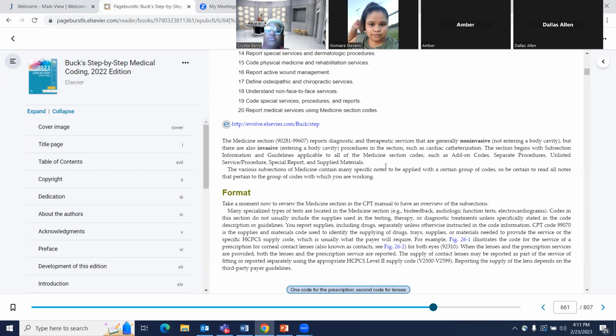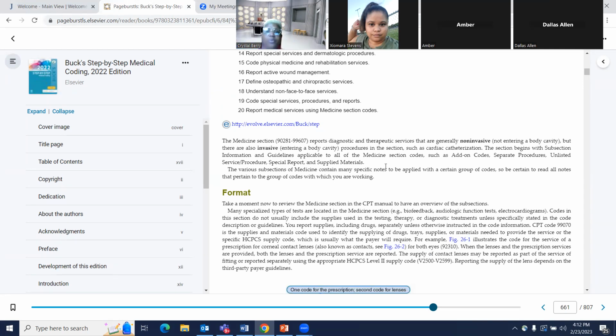Just with that, you can see how codes have been added, been deleted, and everything. So you definitely have to read your guidelines, your add-on codes, your deleted section codes, because I have 2021, which I have been working out of, and the medicine section started on page 691. In my new manual, which is 2023, it starts on page 715.